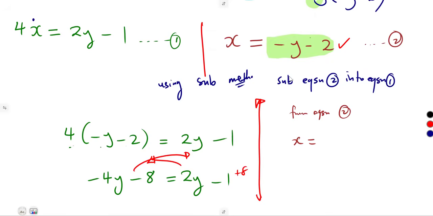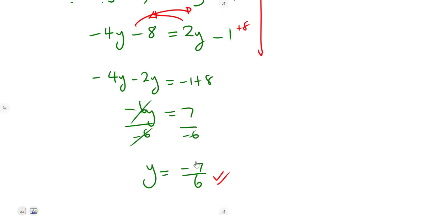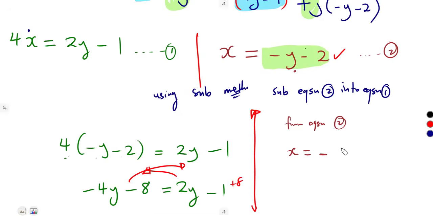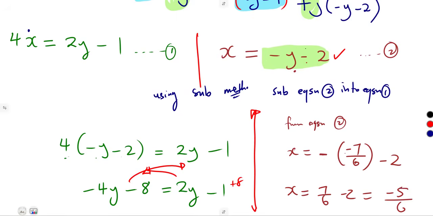X is equal to minus y, what is the value of y? Minus 7 over 6. We substitute the value of y there, minus 7 over 6. After that, we must subtract a 2. So our x was going to be negative times negative, that's 7 over 6 minus 2, which was going to give us a negative 5 over 6. So that was the x value.